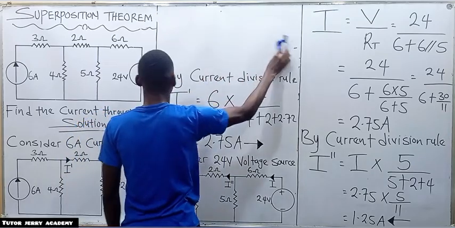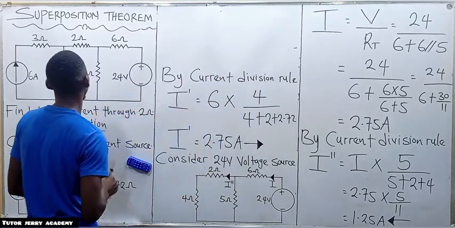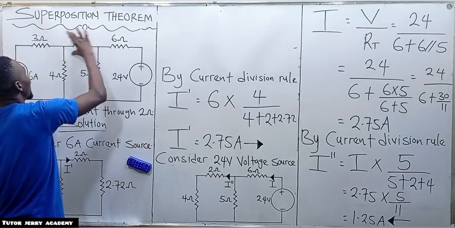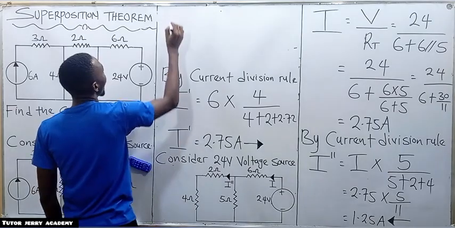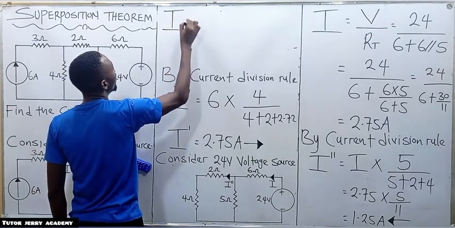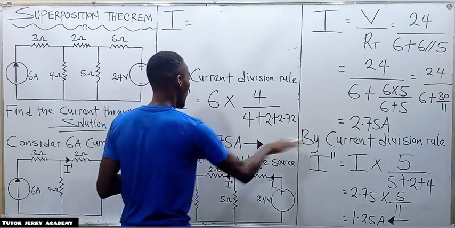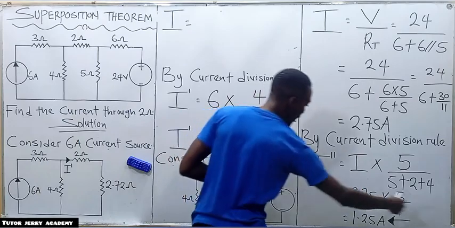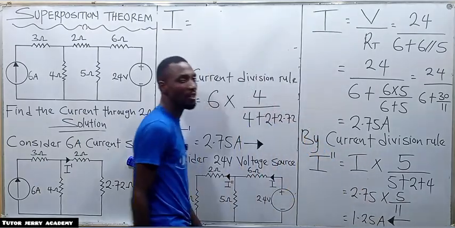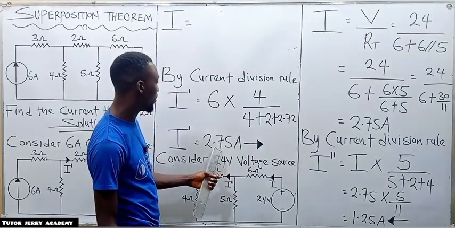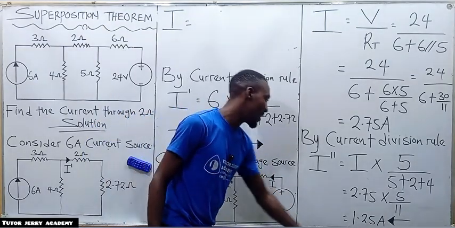All right, so let's find the value of I now. I is the current that is passing through these 2 ohms. You can see that our I prime is going in this direction and our I double prime is going in this direction. So let's take this to be positive and this to be negative.